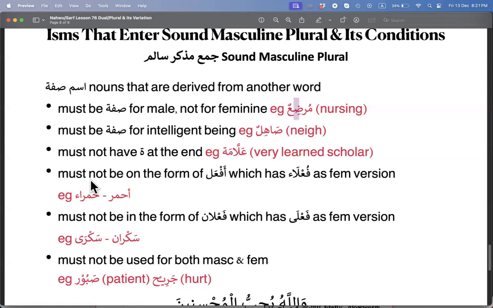Then it must not be on the form of af'al, which has fa'la as a feminine version. So this is our ahmar, our colors, right? Ahmar, the feminine version is hamra'. Yes, this word ahmar is masculine, yes, it's ism sifah, a masculine, not an intelligent being anyway, but also in this form you cannot add una, basically.